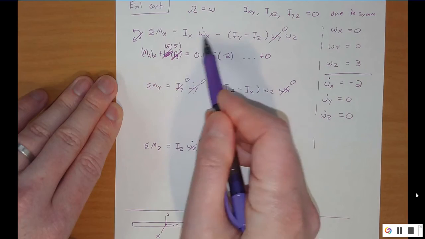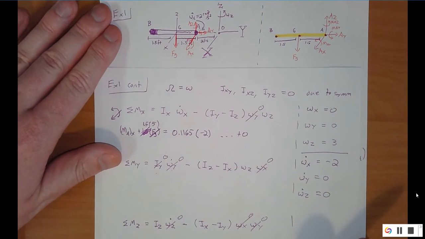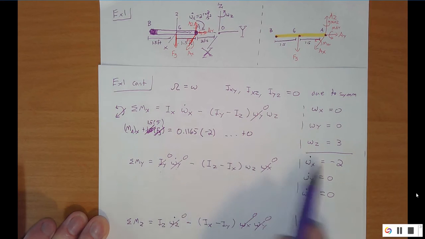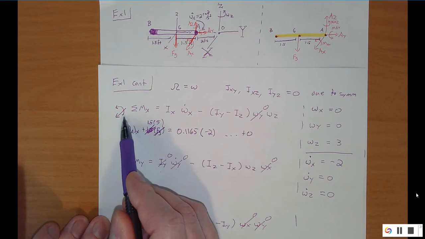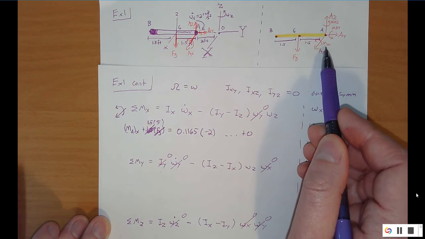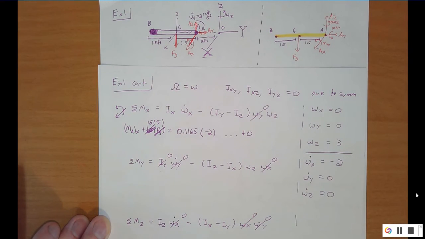So let me bring back the free body diagram. So Ix will be that 0.1165. Omega x dot will be -2. The moment's about x, so x points out this way, which means any rotation this way is positive. So I have my max about that, so I include that. All of these, ax, ay, az's, are at A, so I do not include those.